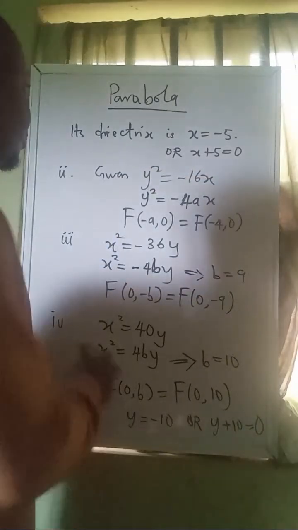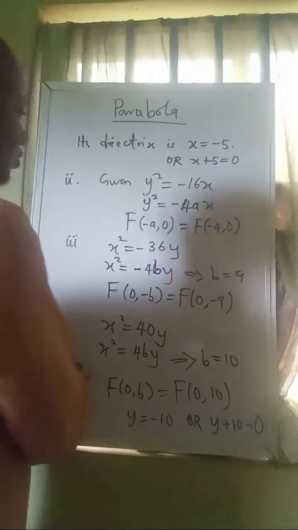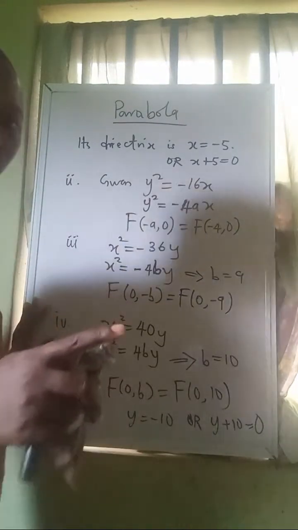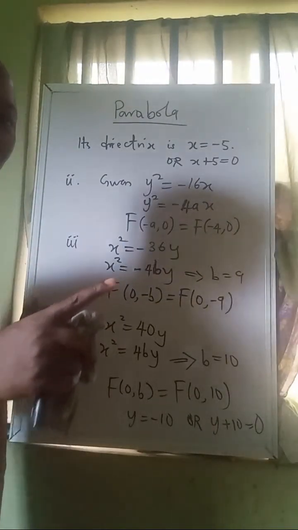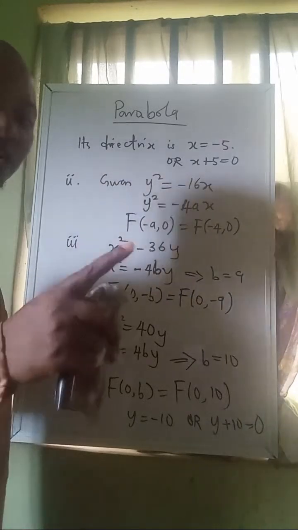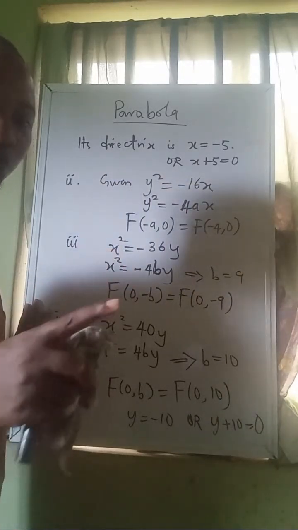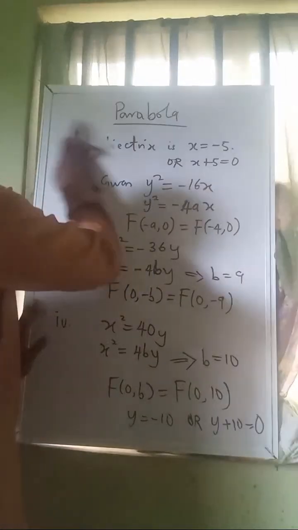Tangent and normal of a parabola whose vertex is at the origin. We only pick one case here, and that case can be used to generalize by you. So let's see that quickly.